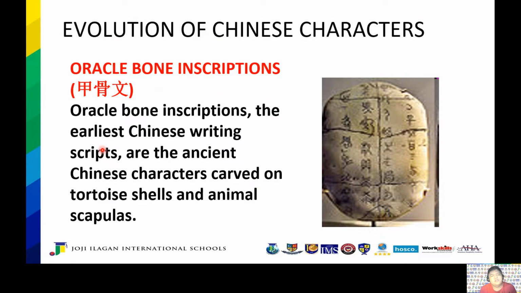They were used for divination, oracles, or prayers. But they were also recorded as a form of writing, a written record. And on these oracle bone inscriptions we see the earliest forms of Chinese characters.